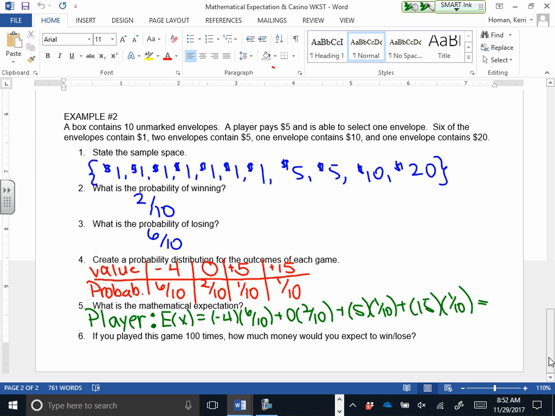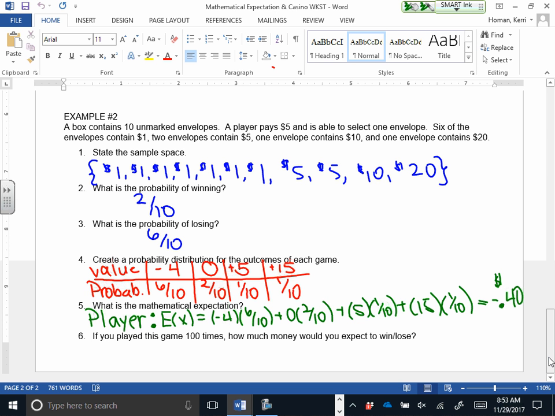How much money is the player expected to win or lose each time they play the game? Positive or negative? Each time a player plays this game, they can expect to lose 40 cents.